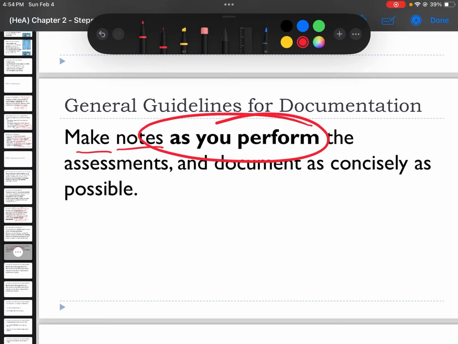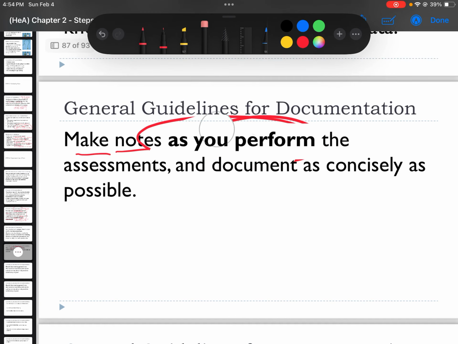After I get a person's blood pressure, I will immediately write it down in my documentation form. If I find any abnormal finding, I will immediately write it down as soon as I find it. I will not wait for later. The tendency there is you might forget, right? You might forget its characteristics in general, no? So this will allow you to not forget.